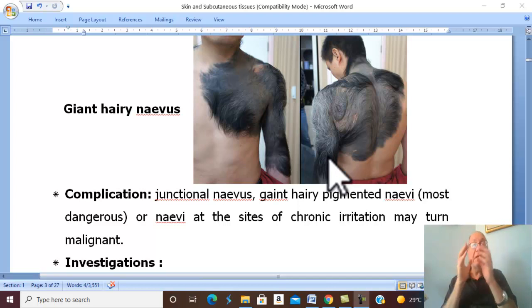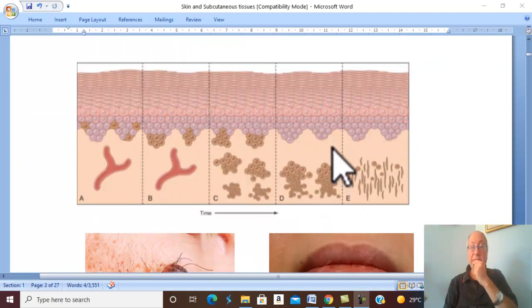In older adults or in the elderly, melanocytes totally migrate to the dermis only. Melanocytes leave the epidermis, and all melanocytes migrate to the dermis. This is called intradermal nevus.